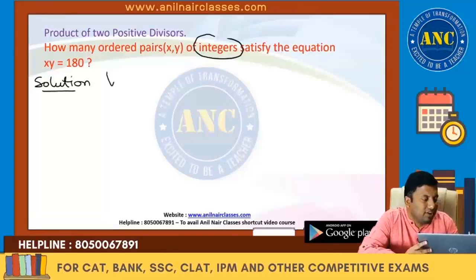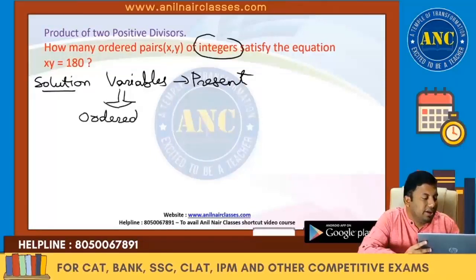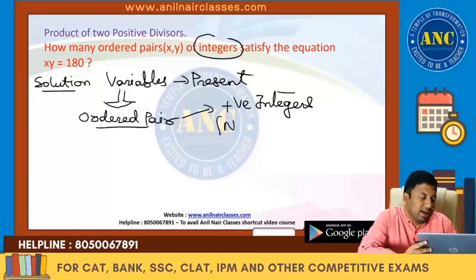Solution. First of all, are the variables present in the question? Yes, variables are present in the question. If the variables are present, then it is an ordered pair. In this ordered pair, till now we did positive integers, and we got the answer as the number of factors.